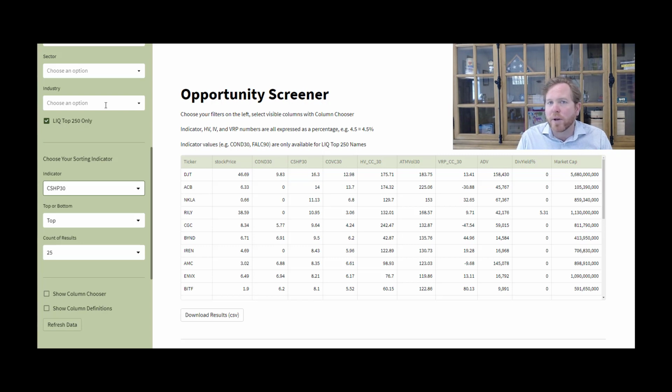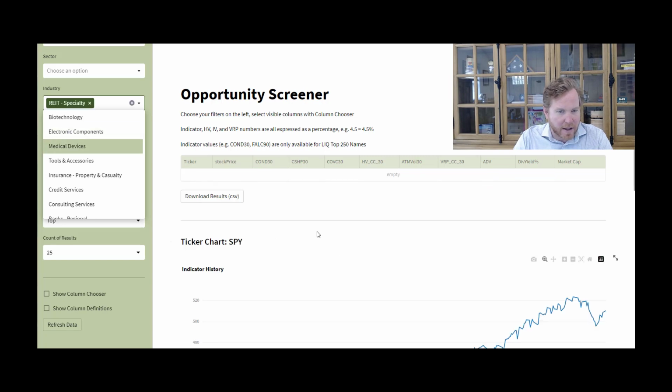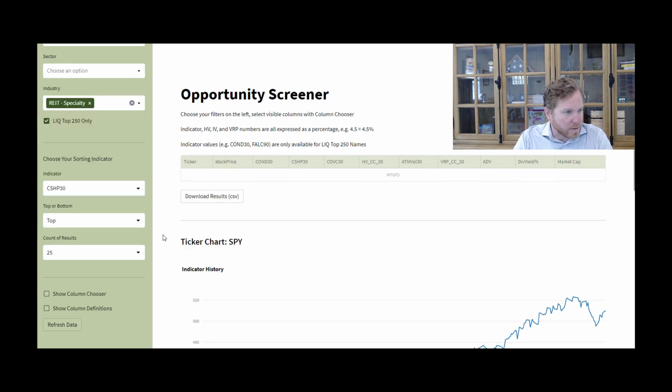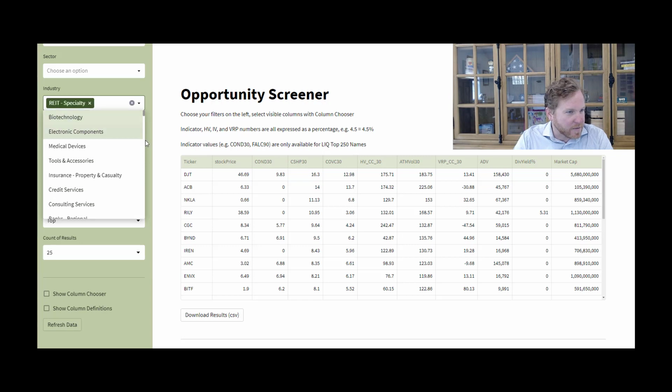Often when you're building a wheel, building a portfolio, I just want to make sure to point out the industry filter that you can use, say you only want REITs because they're going to be high dividend paying. Oops. Looks like there are no REITs in the LickTalk 250. So we'll have to find a different sector.